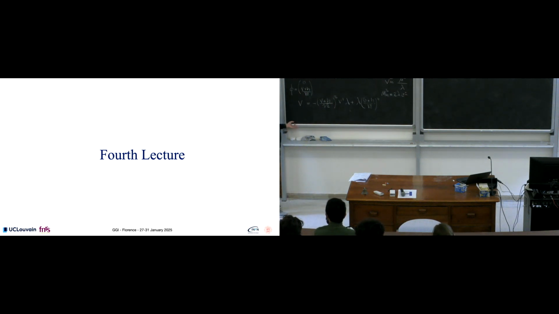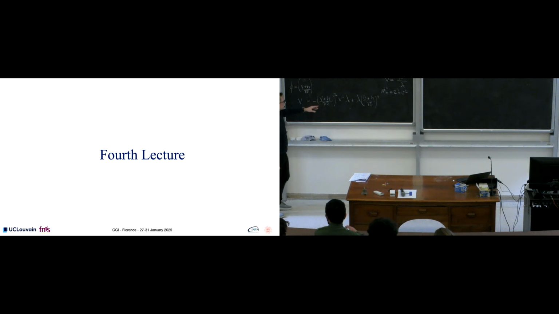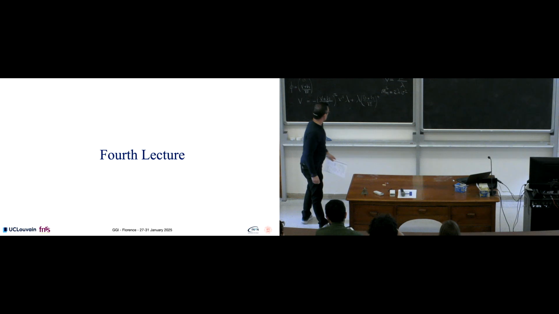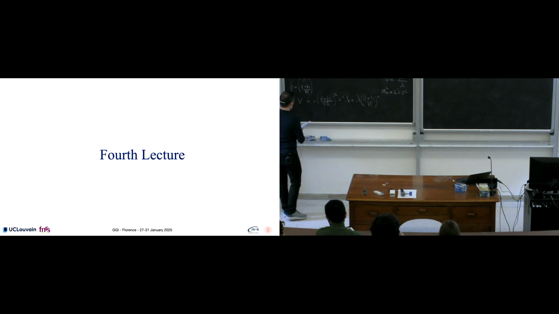So we do this, and then what do I get from here? I get automatically that the linear term in the potential is 0 because I use the minimum condition, and I get the mass of the X. So the calculation is trivial.